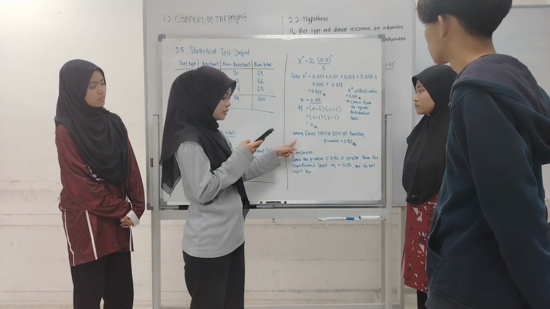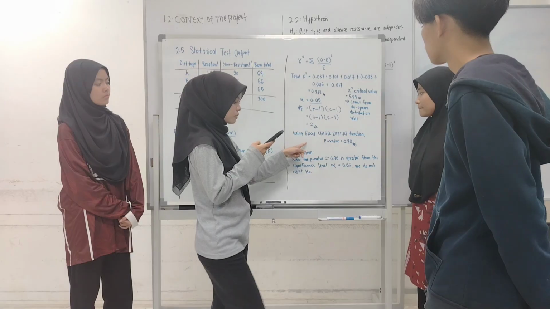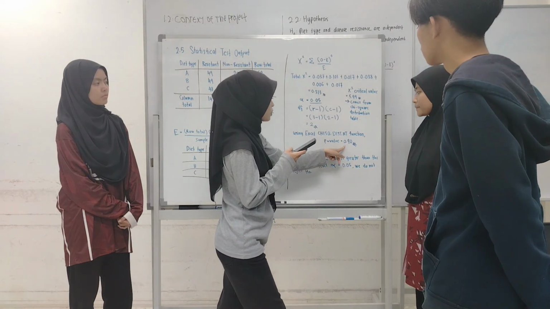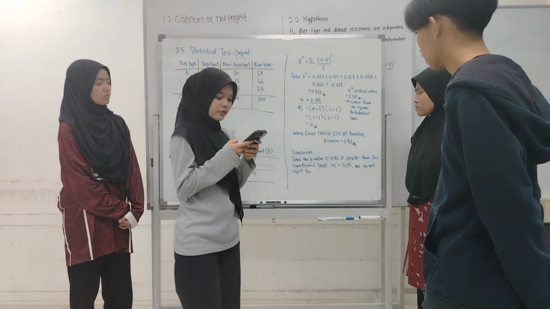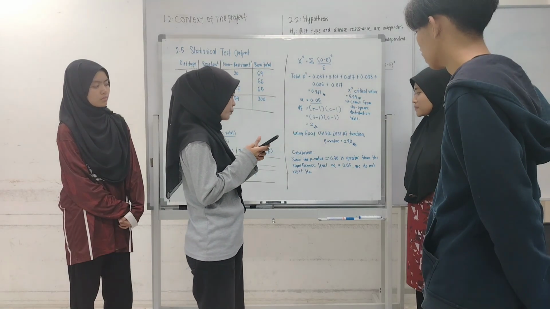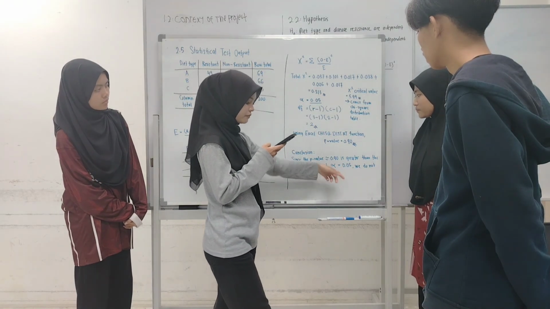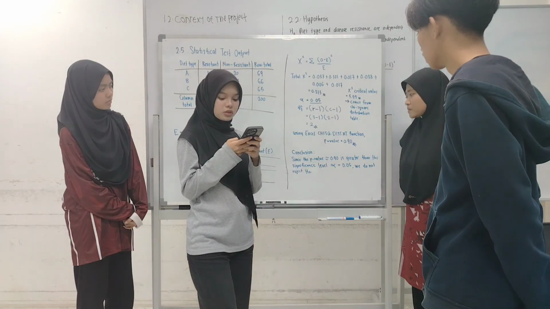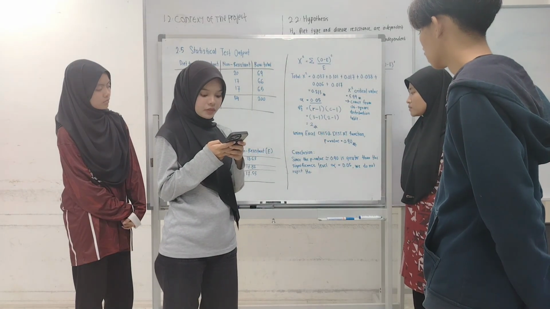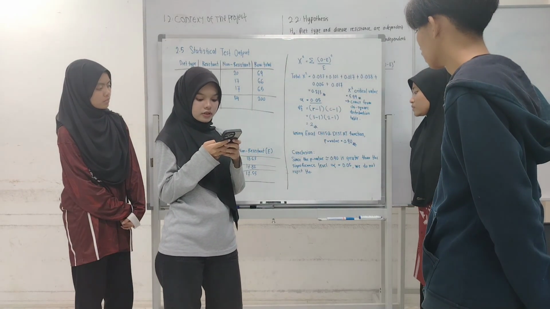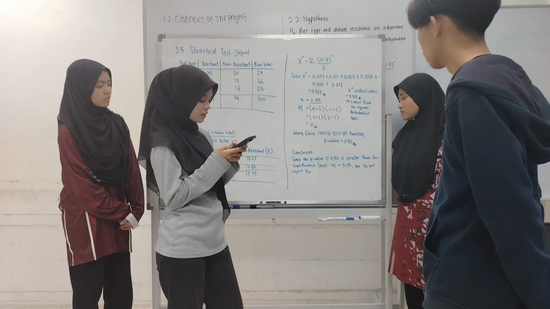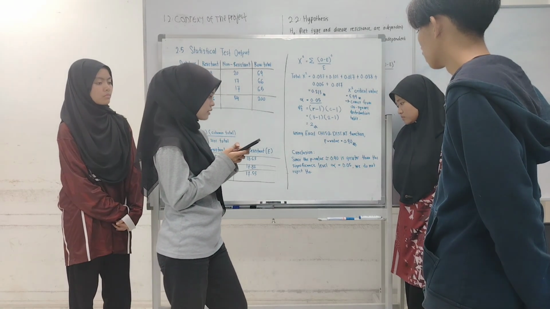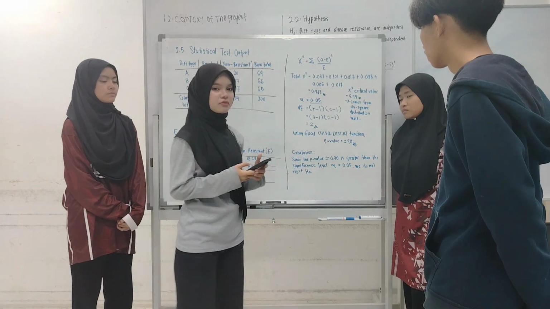Using Excel, the p-value was approximately 0.90. Since the p-value is greater than 0.05, we again fail to reject the null hypothesis. This means there is no significant relationship between diet type and disease resistance at the 5% significance level. That's all from me.